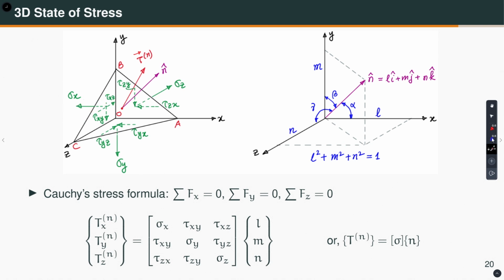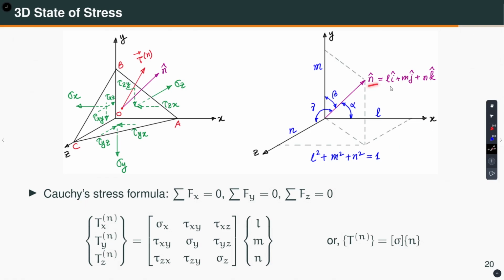If you again consider the equilibrium of forces in the x direction, y direction and z direction, you will get this relationship, which we have derived and discussed for 2D. Okay. For 3D also you will get the same thing. What is L, M, N? Well, these are the direction cosines, which are shown on the right hand side.